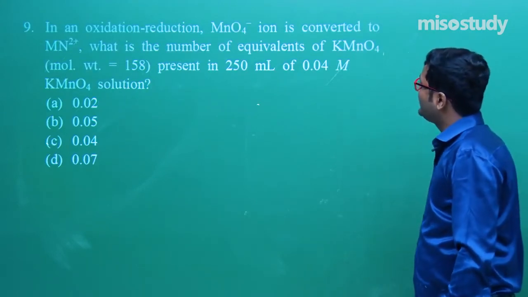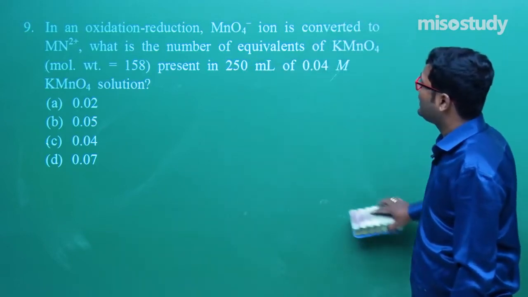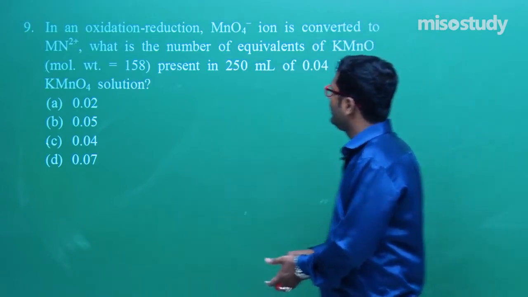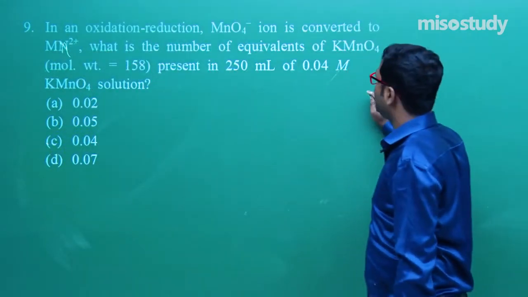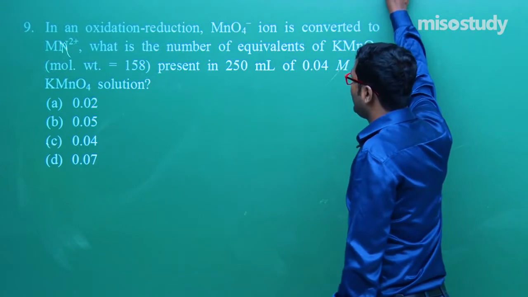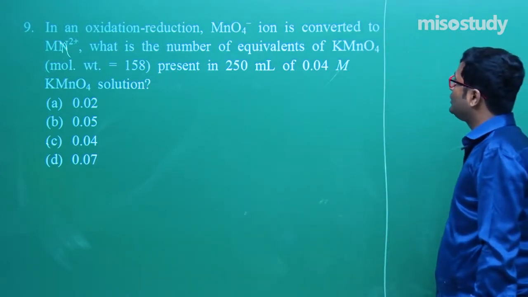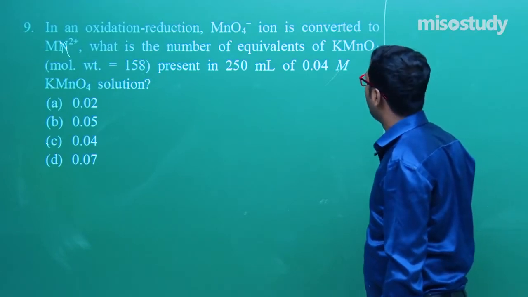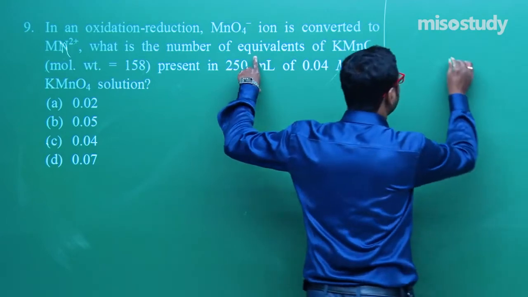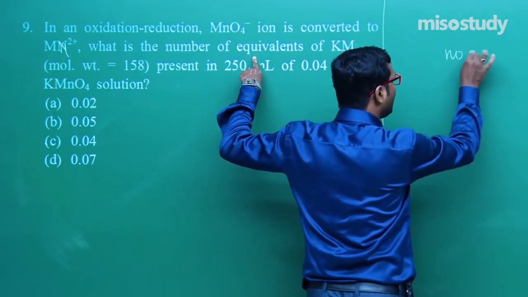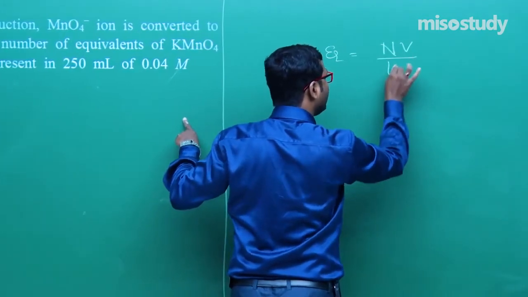In an oxidation reduction reaction, the MnO4 minus ion is converted to Mn2 plus. What is the number of equivalents of KMnO4 present in 250 ml of 0.04 molar KMnO4? What is given here? Number of equivalents is equal to NV upon 1000.